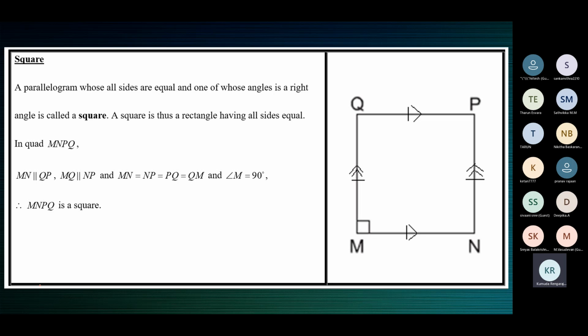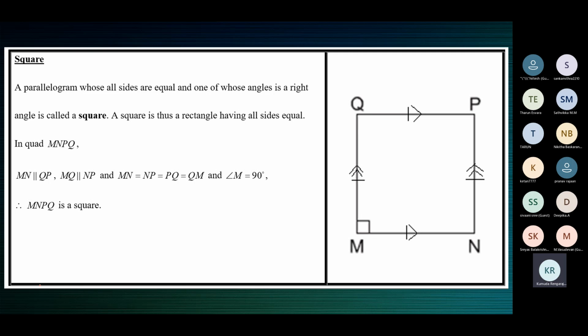Which are the 2 quadrilaterals in which all sides are equal? Square and rhombus. In a rhombus and square, where all the sides are equal, the diagonals will bisect at right angles.